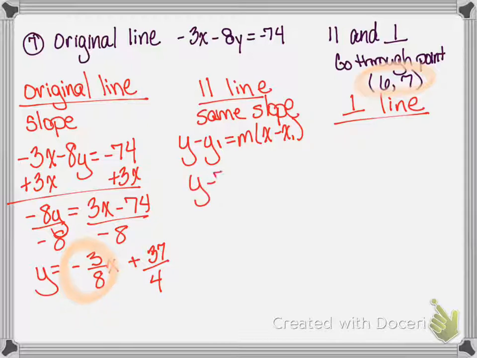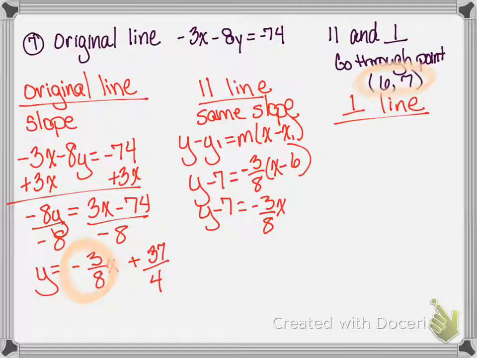When I do that, and this is where I mess up with my problem, when we simplify everything, I'm going to distribute my negative 3/8, and I get negative 3/8x. Now I'm doing negative 3/8 times negative 6 over 1. I'm distributing negative 3/8 to the x, and I'm distributing the negative 3/8 to negative 6.